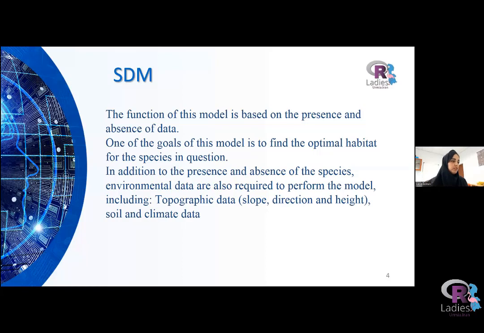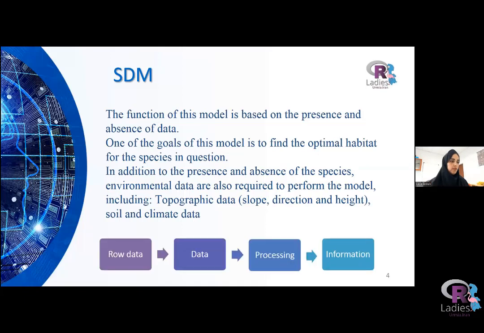In addition to the presence and absence of the species, environmental data are also required to perform the model, including topographic data, slope, direction, and height, soil and climate data. The raw data is entered into R software. After converting it into data, we get the final output during the processing stage and reach information.